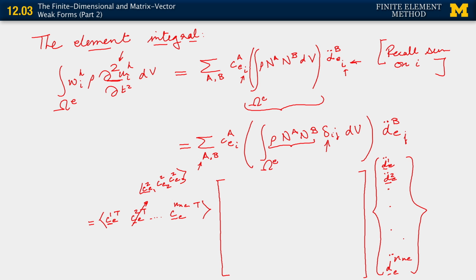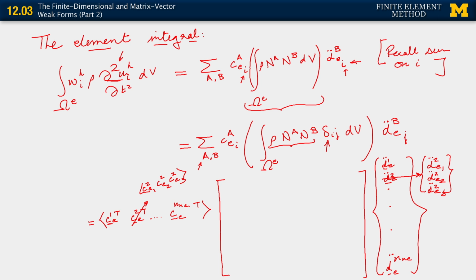And like I did here for C2E, let me just point out that this is the little vector D2E1 double dot, D2E2 double dot, D2E3 double dot.